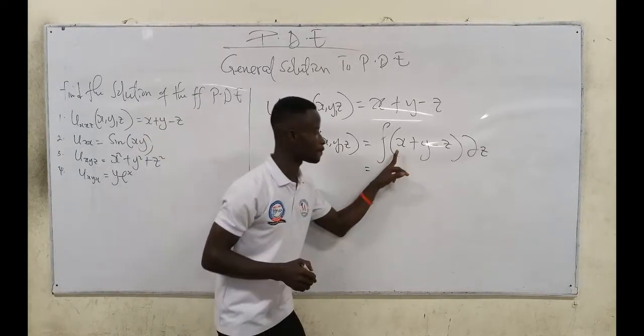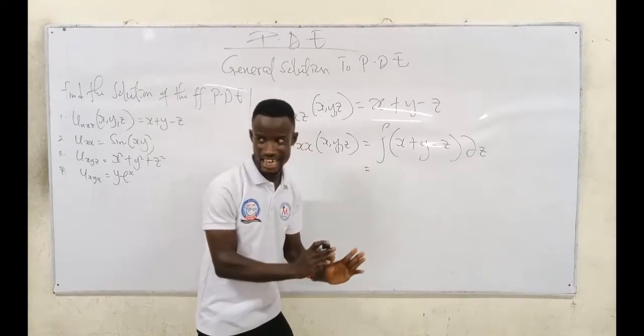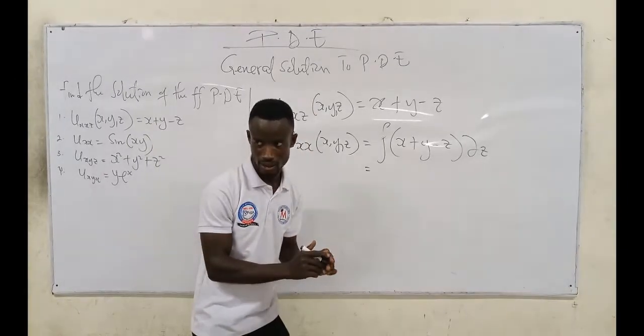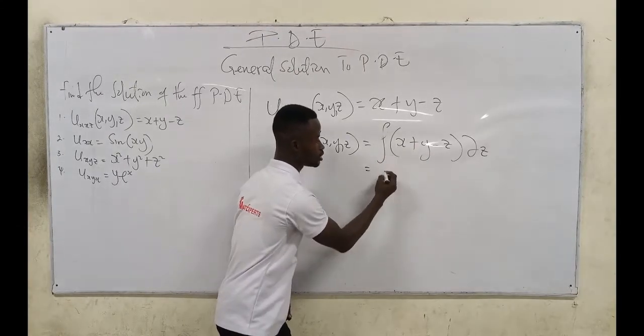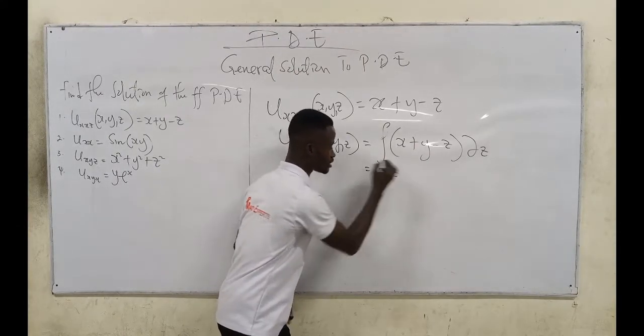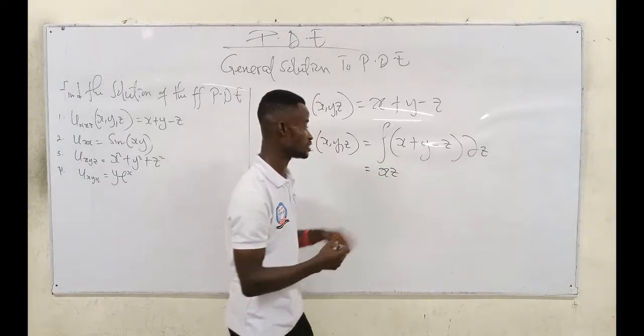So what will be here? We are treating x and y as what? Constant. So when we're treating y and x as constant, this will be xz. It doesn't matter the arrangement.